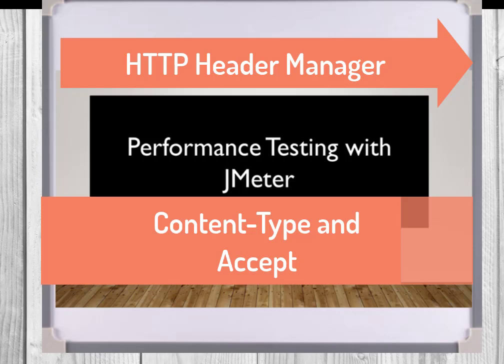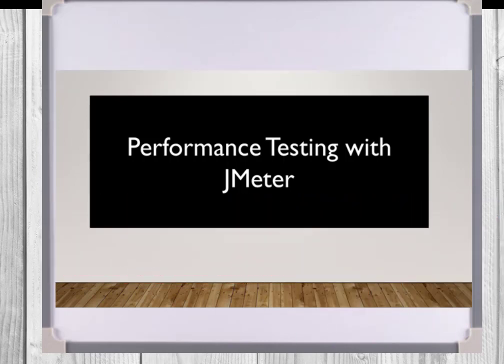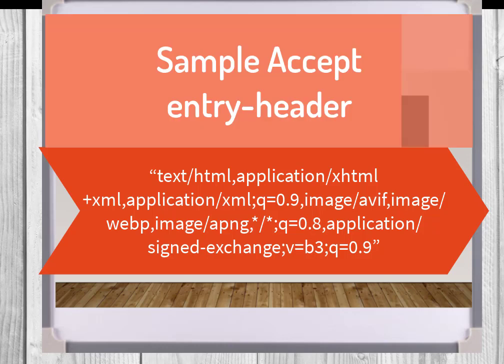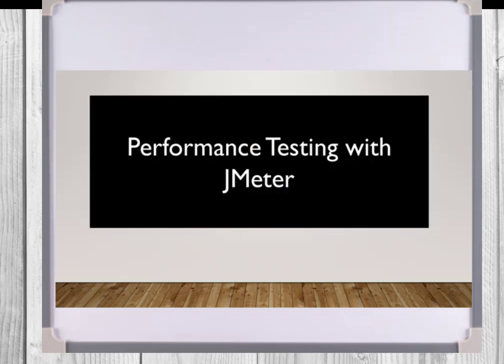This is an addition to what's in content type. Now, for example, take a look at this. Each piece of data is separated by a comma. You can use a user agent to simulate different browsers' behaviors too.